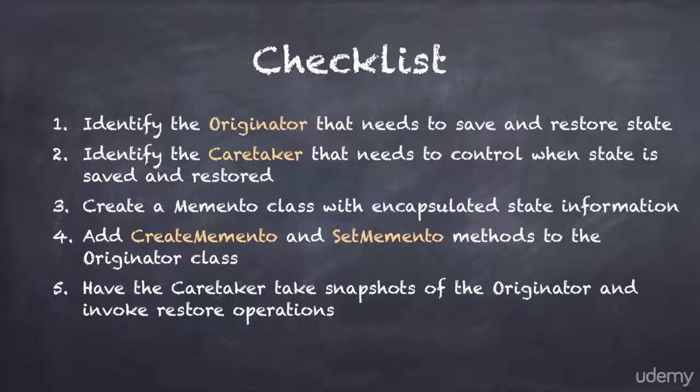Create a Memento class with encapsulated state information. Add create memento and set memento methods to the originator class. And finally, have the caretaker take snapshots of the originator and invoke restore operations.